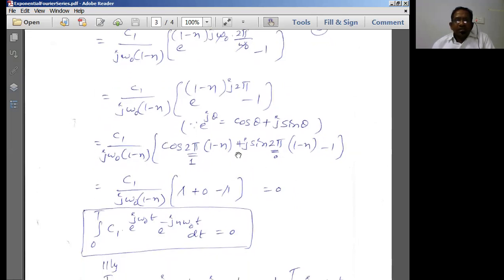Once again it is in the same formula, e power j theta is cos theta plus j sin theta. Now we'll expand it in that particular form: cos 2 pi of 1 minus n plus j sin 2 pi of 1 minus n, and minus 1 as it is.